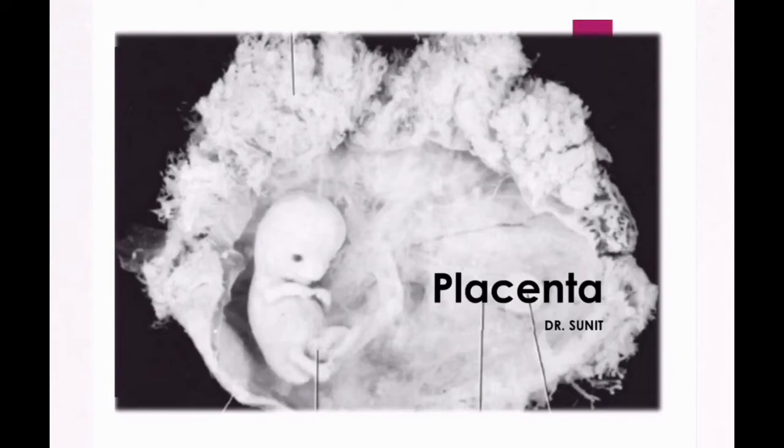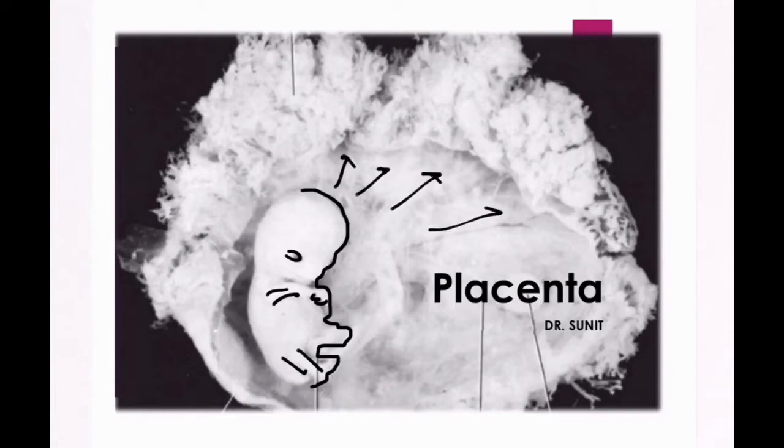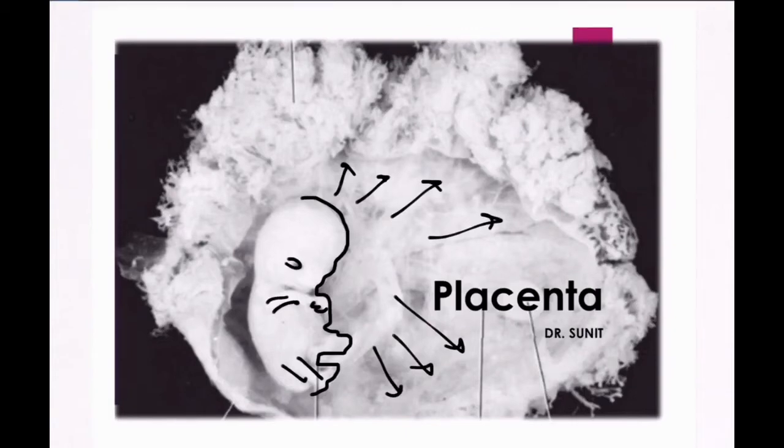Today we're going to be discussing the placenta. It would be nice to understand how we've reached till here via the inner cell mass and everything that lies outside here. Well, that's the placenta, and that is derived from the outer cell mass, which eventually forms the trophoblast, and then the placenta.